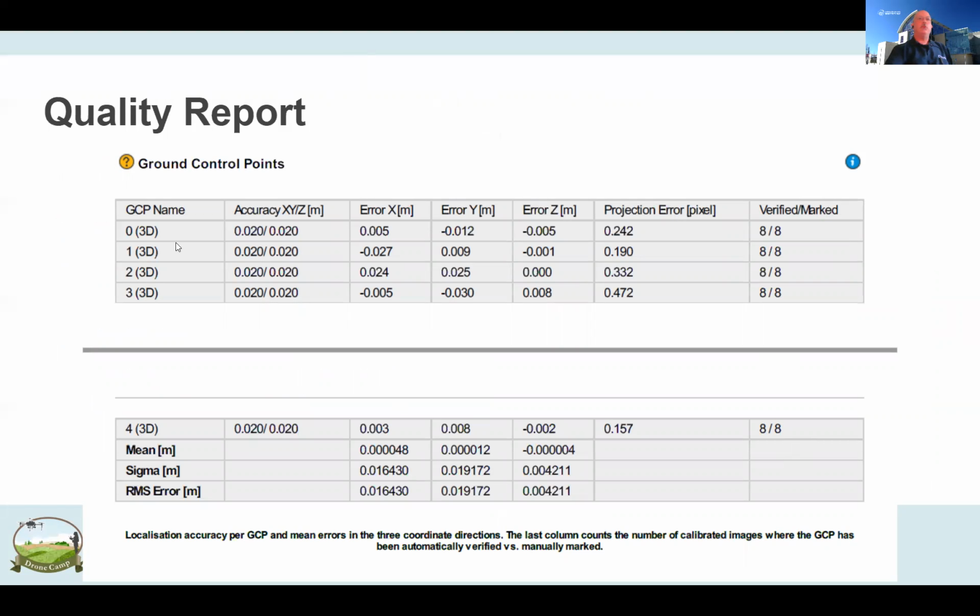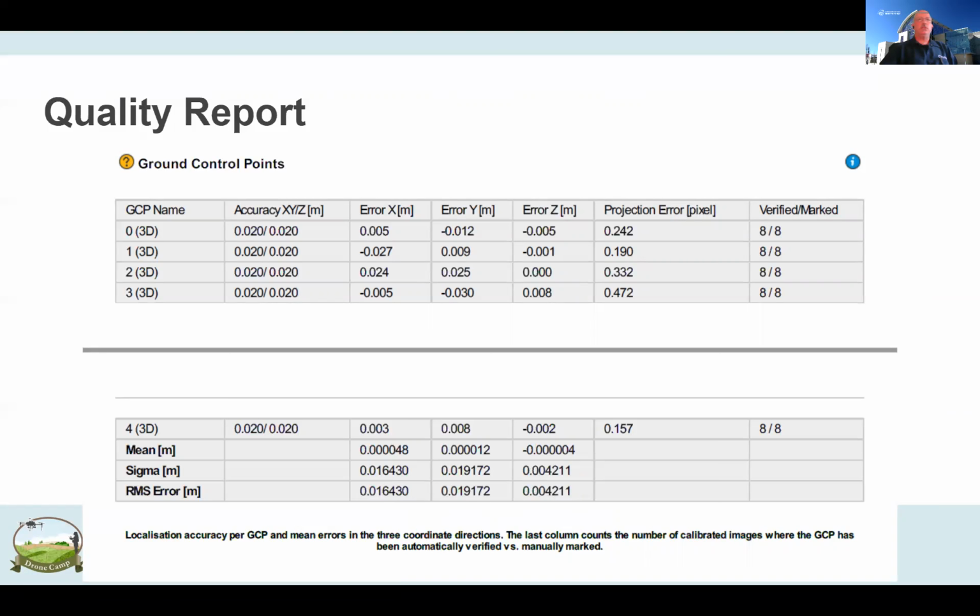you're going to see that for each ground control point, you have an estimated accuracy, which is what you told the software was going to be the quality of those GCPs coming in, and then a calculated error for each one of them in X, Y, and Z. Then the software is going to calculate a mean, standard deviation, and an RMSE, root mean squared error, for all four or however many ground control points you had.